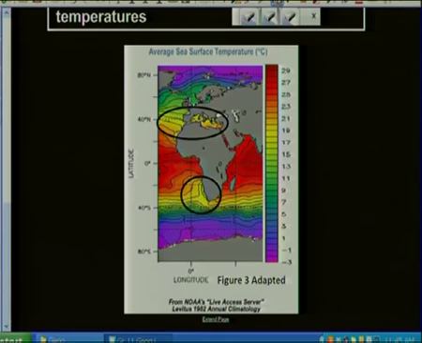Remember, we use the scale on the axis to look at the temperature in degrees Celsius, and you can see all the warmer water sits in the equatorial to tropical regions, both north and south of the equator. And then as you go north, it gets colder, and as you go south, it gets colder towards Antarctica, or the North Pole in the northern hemisphere.